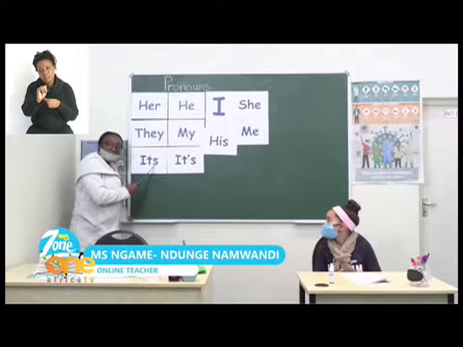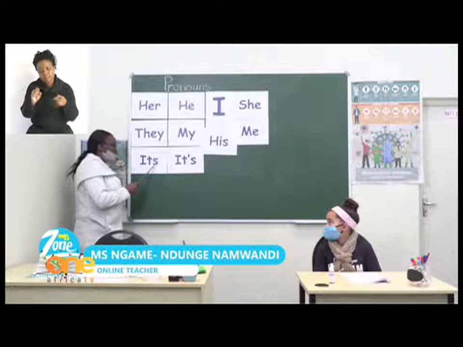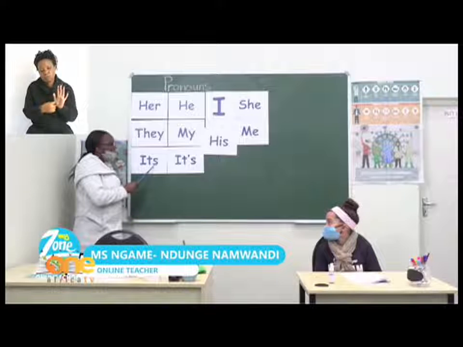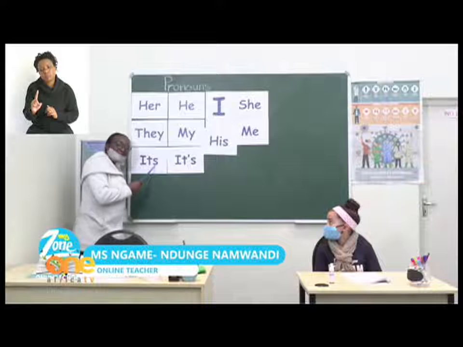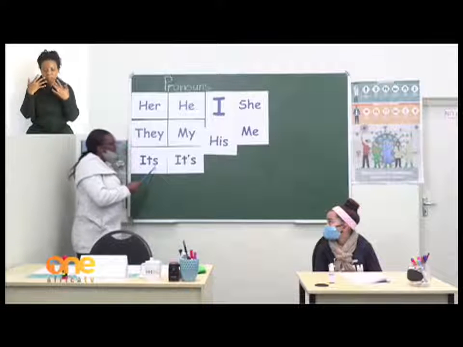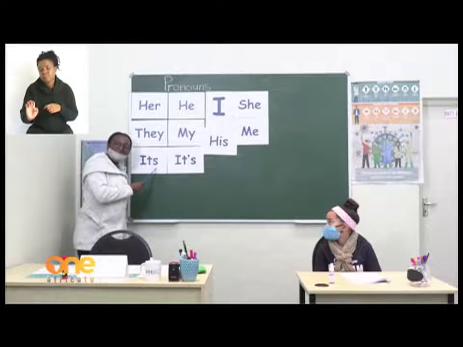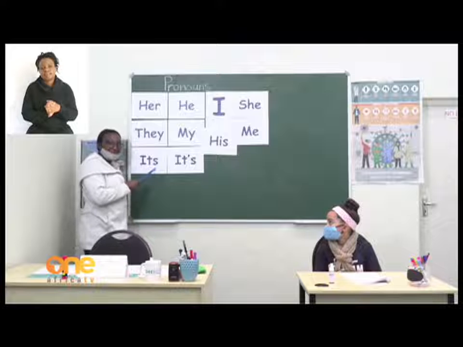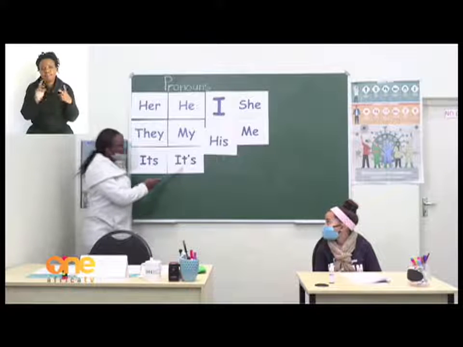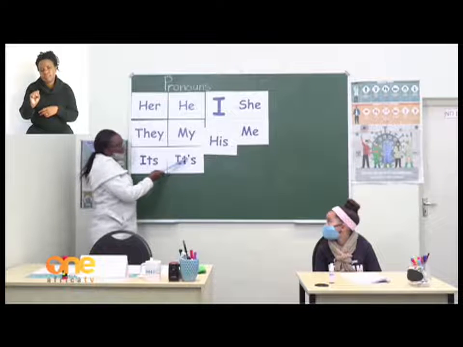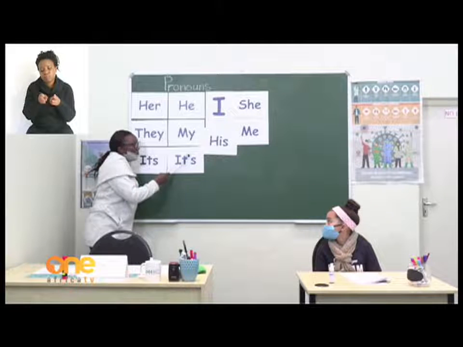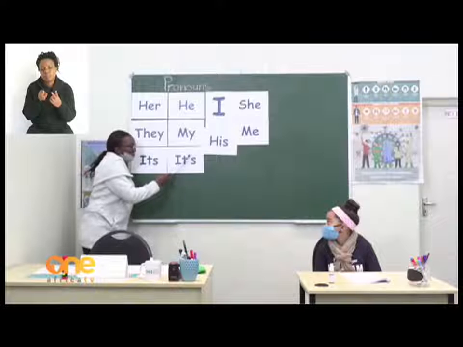Its without an apostrophe shows possession. It means that something belongs to a thing. For example, the cat is licking its tail, okay? And it's with an apostrophe shows contraction. This is what we call an apostrophe.